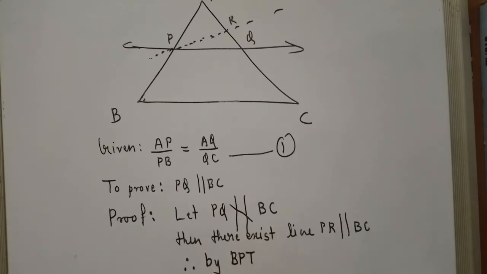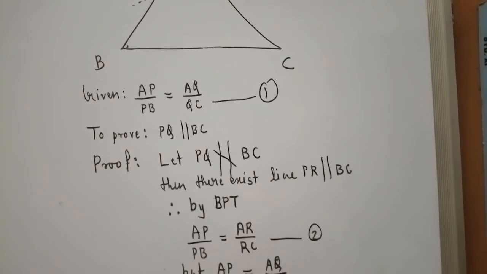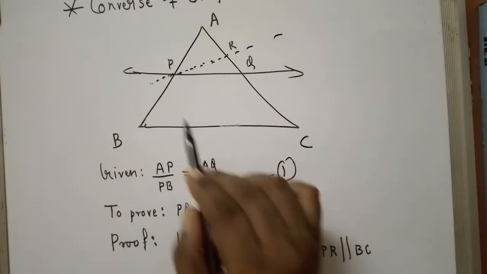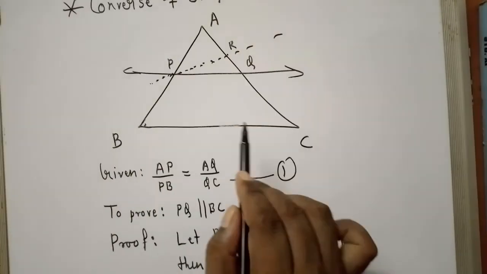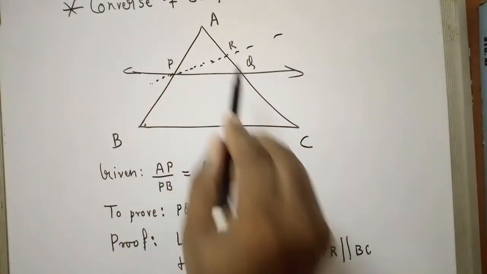We assume PQ is not parallel to BC. Then there exists another line PR which is parallel to BC, and therefore by BPT we can write AP by PB equals AR by RC.